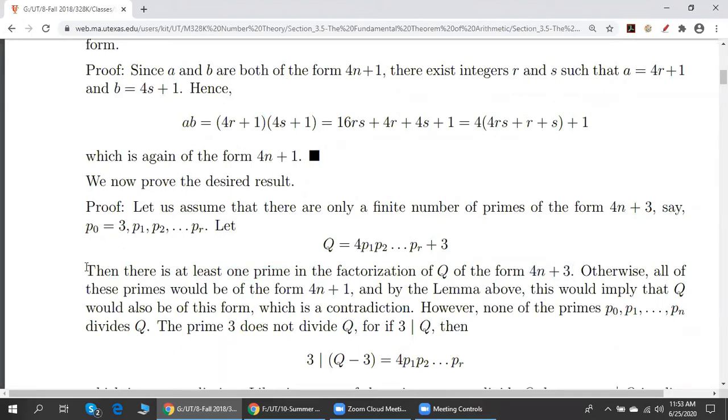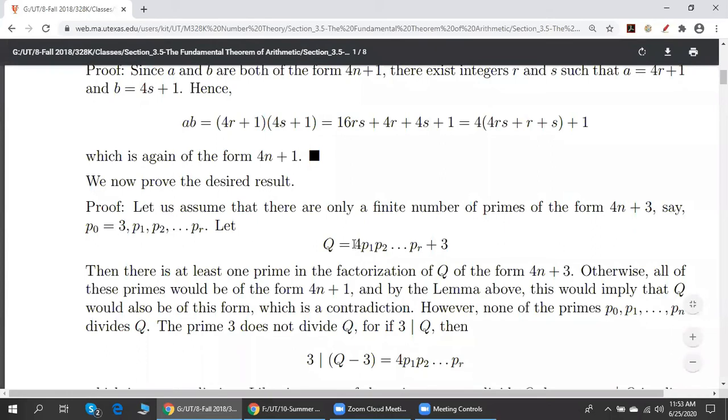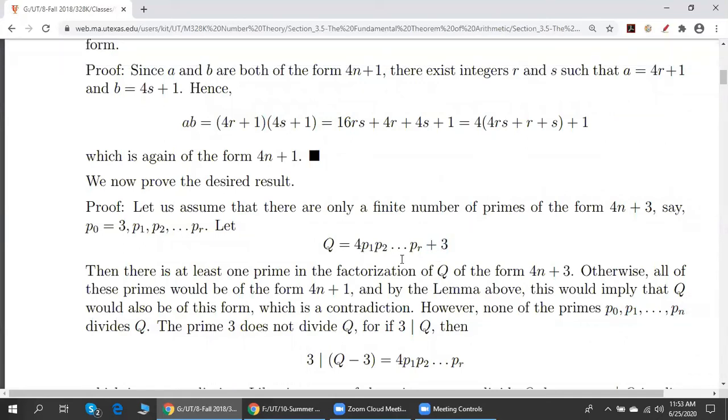Could you just explain briefly why Q cannot be in the form 4n plus 1? Because it is of the form 4n plus 3. By the division algorithm, a remainder is unique.